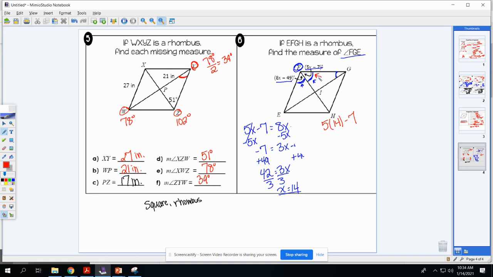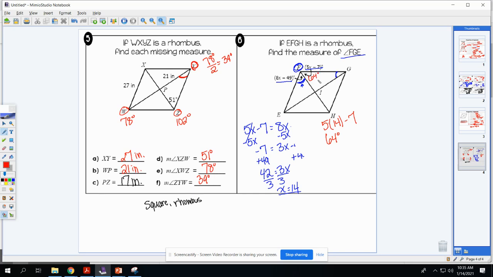And if we know that angle was bisected and we multiply that angle by 2, that would give us the full angle F. So 5 times 14 is 70. Minus 7 is going to give us 64 degrees.